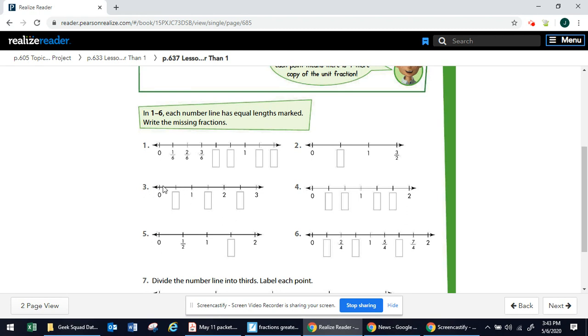So I see from 0 to 1, I see 1, 2 spaces. So guess what my denominator will be? What do you think if I have 2 spaces? My denominator will be a 2. Good job, guys.